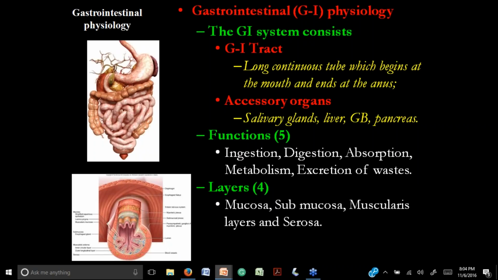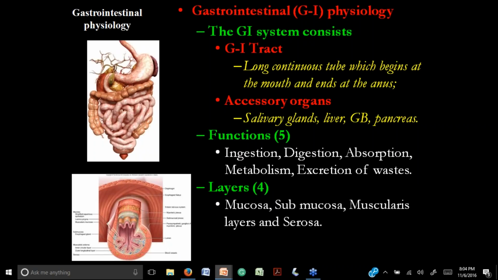Okay, so let's start. Here we are going to talk about the layers of the wall of the GI tract. From the esophagus to the anus, the thickness of the wall of the GI tract is about 3 to 5 millimeters.